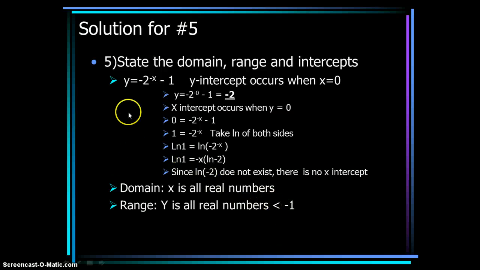How do you know that? Let's see what values we get for y when we choose different values of x. First of all, if x is 0, we've already determined that this is negative 2. What happens if x is a positive number?